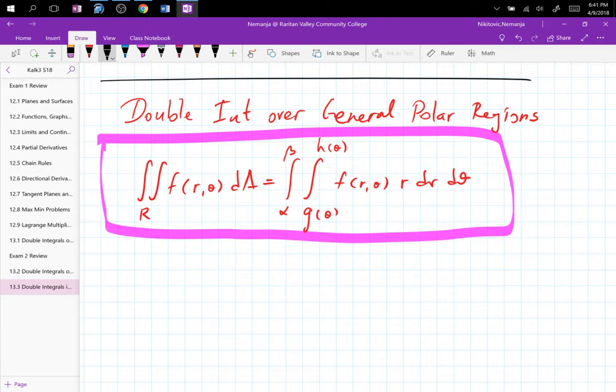I think they did 2 or 3 examples in a textbook, so you can read those. If you're having issues graphing polar regions, you have Mathematica, you have Desmos, and you also have your TI-83 calculators, or 84, whatever. They all do this.